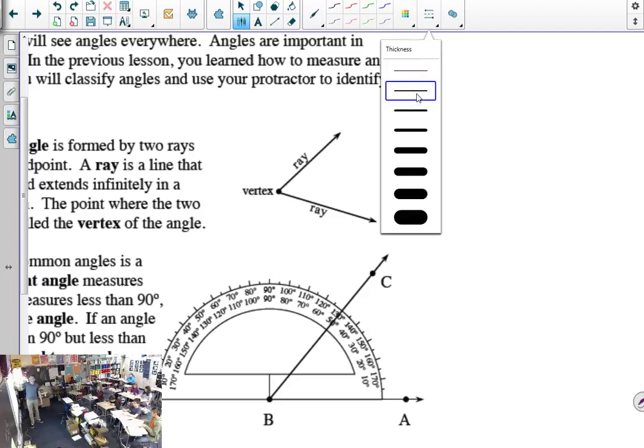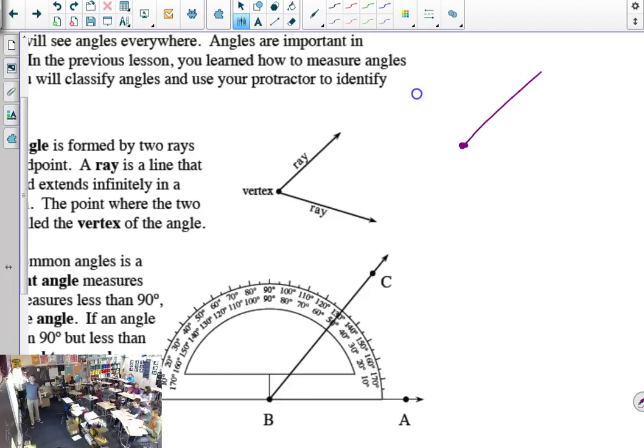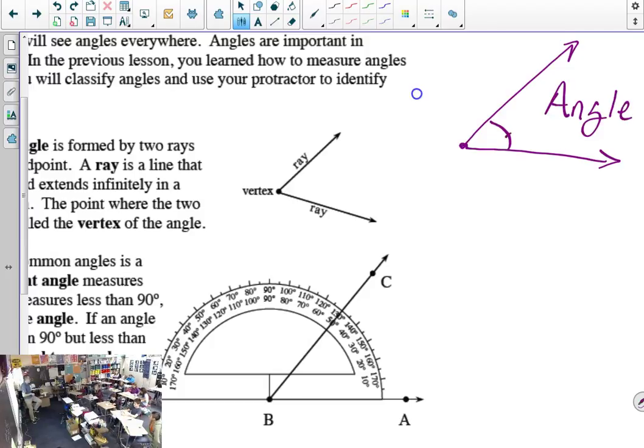So in your notes, please make a point. Draw 2 lines coming away from it. This is an angle. We often use an arc inside the angle to notate what we're looking at, especially if there's multiple angles together. Then, please label that the lines that make up the angle aren't lines.